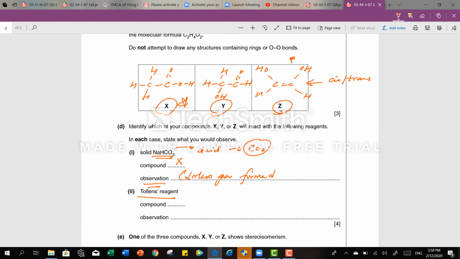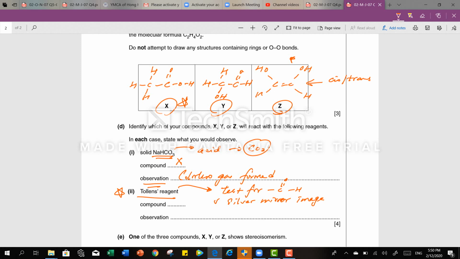Or Tollens' reagent. Now we are going to talk about Tollens' reagent in chapter 18, the last chapter, but I can give you a little bit of background first. Tollens' reagent is used to test for aldehyde, only aldehyde. When an aldehyde is there, it will give a silver mirror. It's very beautiful. I will show you later when the school resumes. The wall of the test tube will be coated with a layer of silver.